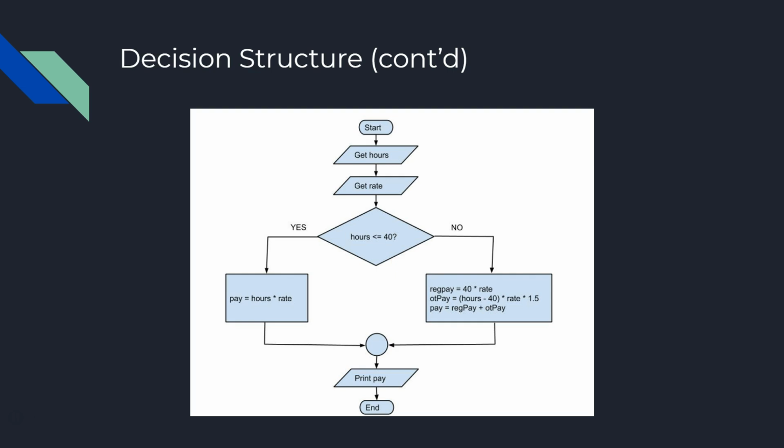And then in between, you have this diamond shape. That is a conditional shape, condition, right? So you've got to make a decision whether it's true or false, yes or no. So you test that condition in there. In this case, it's hours. When you read the hours from the input, is it less than or equal to 40? If it's yes, then you go left. Otherwise, you go right.